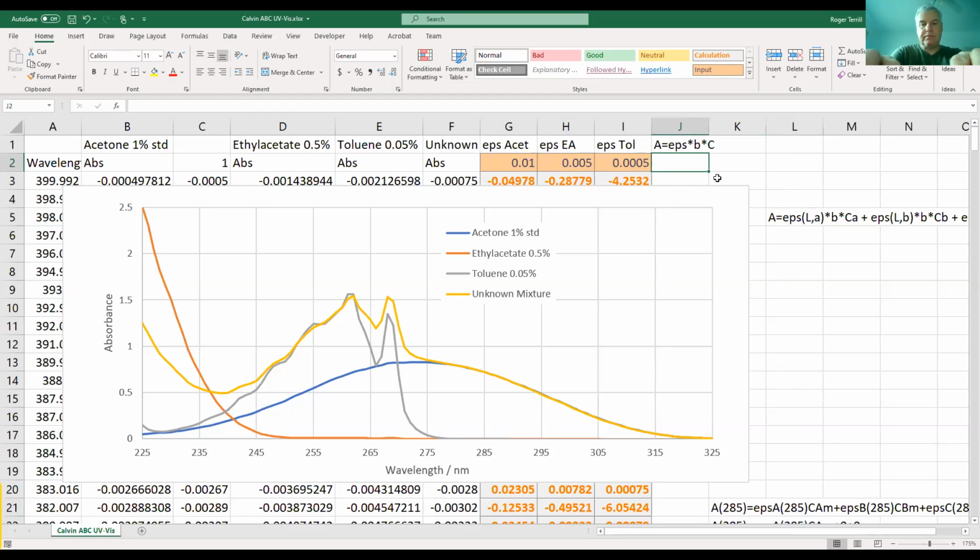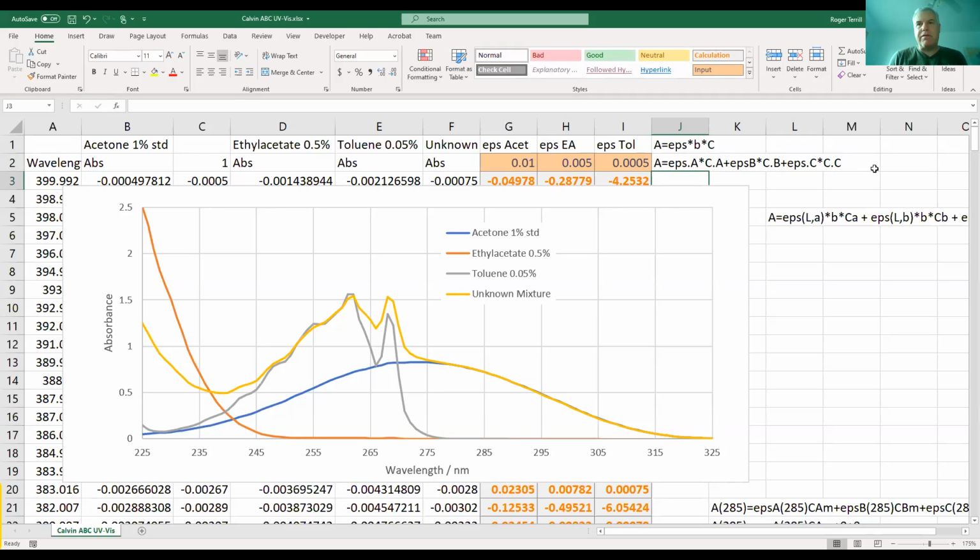So it's epsilon of A times C of A, plus epsilon of B times C of B, plus epsilon of C times C of C. And then there's a path length in there, but let's just assume that path length is 1 and cancel it mathematically here.